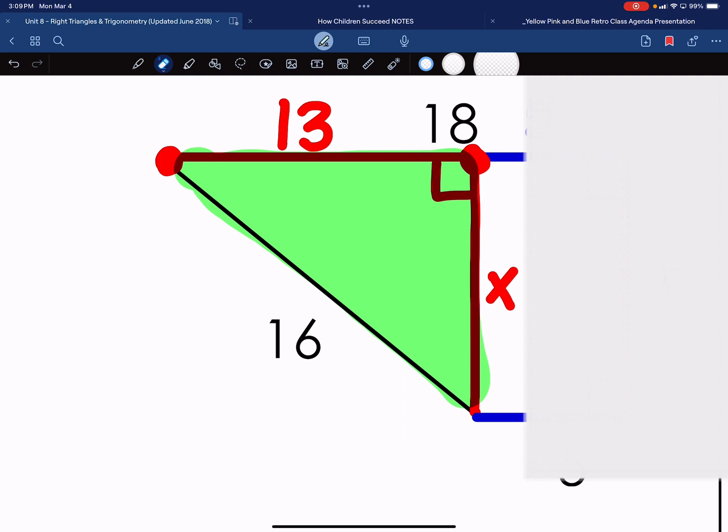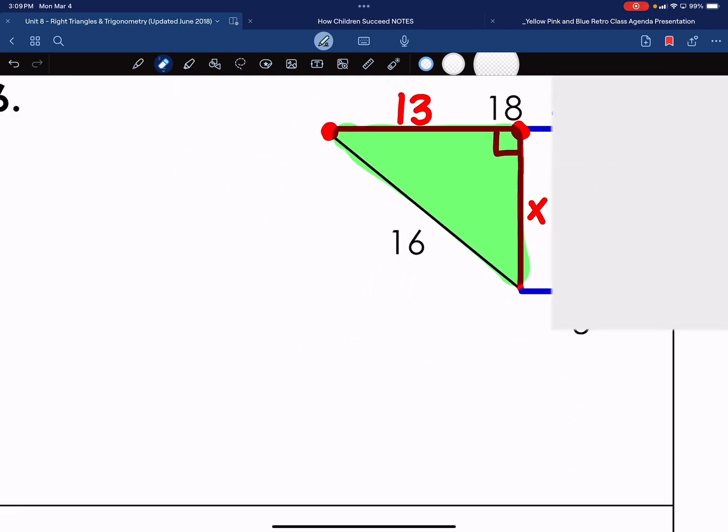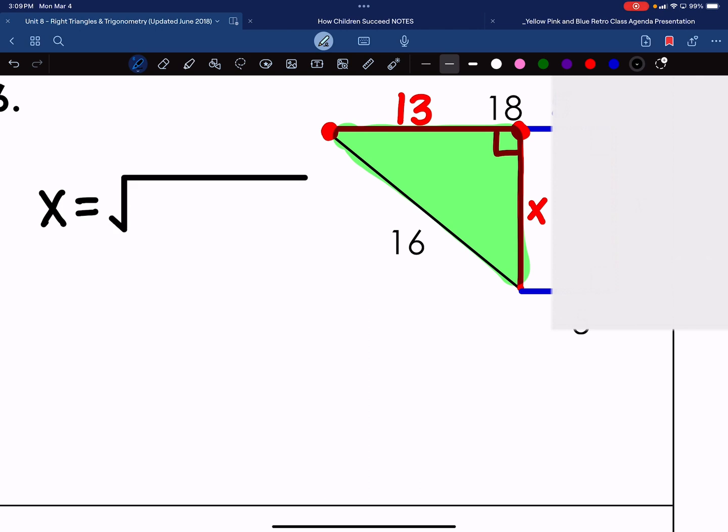Are we going to add or subtract when we put this in the calculator? Subtract. Anytime you have the hypotenuse, you subtract. So x is equal to the square root of what? Tell me what we're going to type in the calculator. 16 squared minus 13 squared. Okay, 16 squared minus 13 squared.